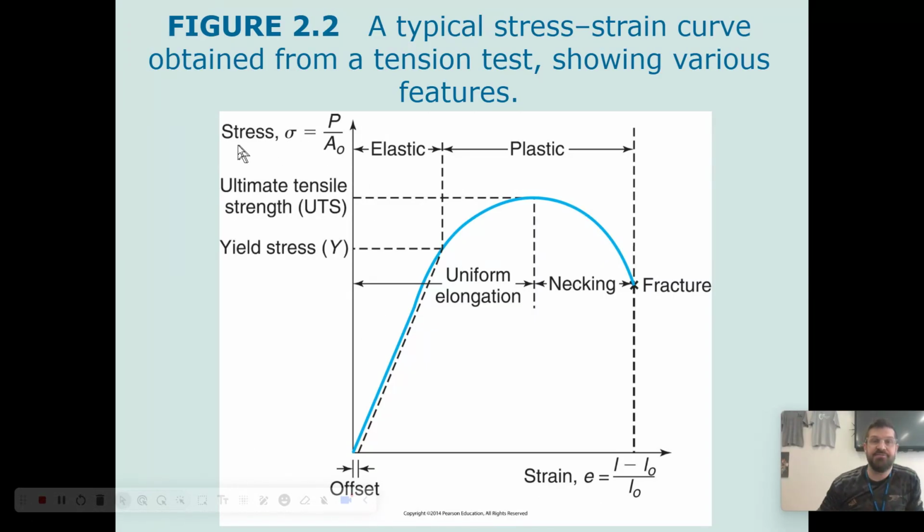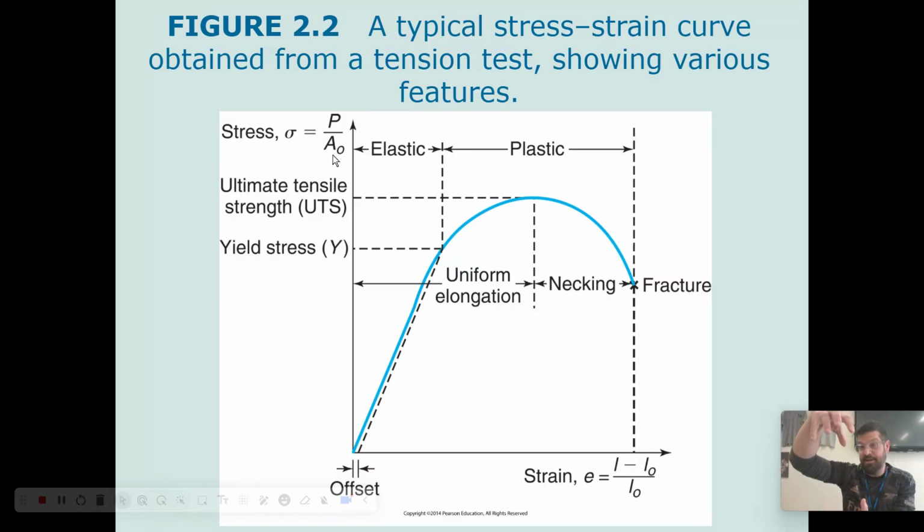On the y-axis, we have stress. Stress is represented as force, which is here, P, divided by surface area. If you're doing the stress test on a really fat piece of material, you're obviously going to have to pull more on it to make it stretch, because it has a big surface area.